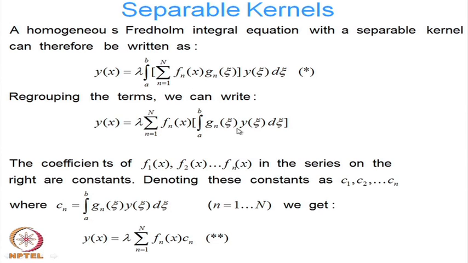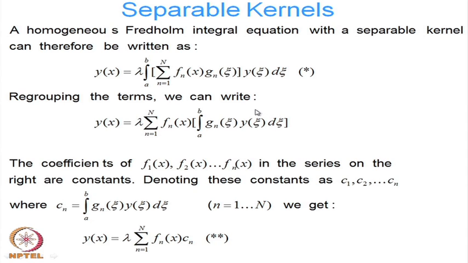So, g_n of xi times y of xi, I pull inside the integral, and you can see then I have a series which is a function of x times this thing, which once it integrates out becomes a constant.